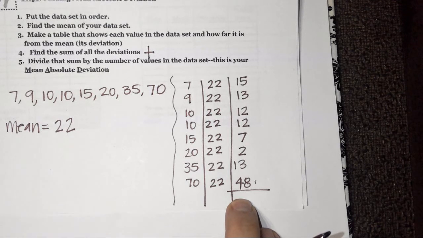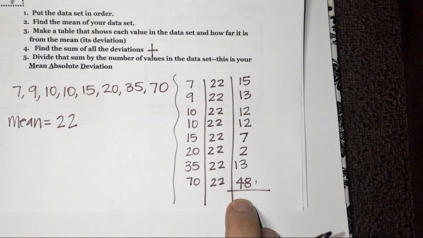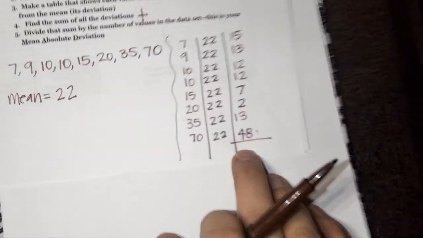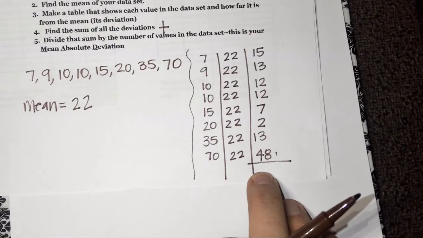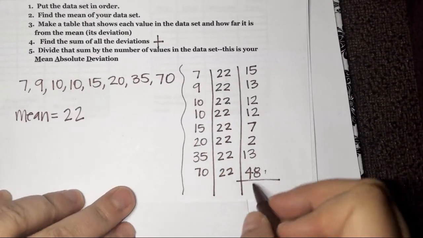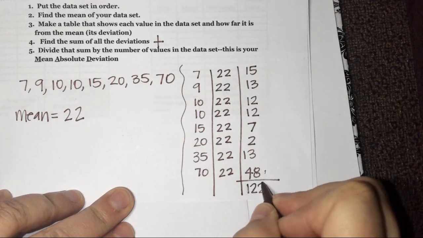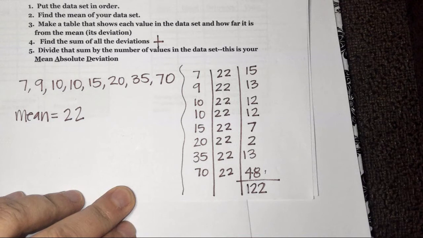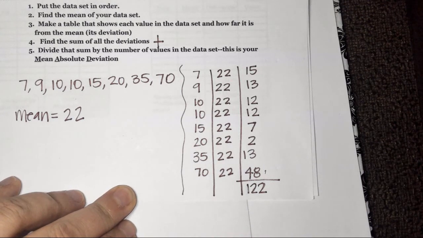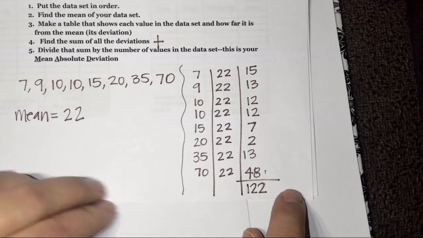You added, right? 122. Okay, it is 122. I'm so sorry, guys. So listen, we're not done. Because remember, I want to know the average distance from the average. I've just added up all of my distances from the average.